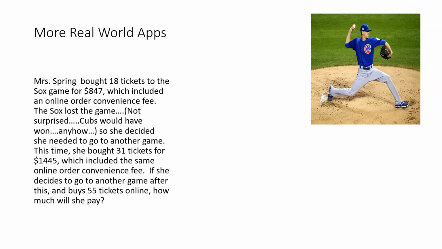Okay, so let's find 2 points again. Let me get a black pen. So we have the number of tickets and the total price. There's 1 point. And then we have the number of tickets and the total price. So let's just mark these tickets, cost.